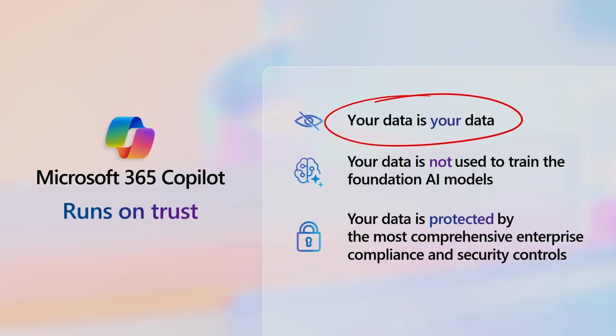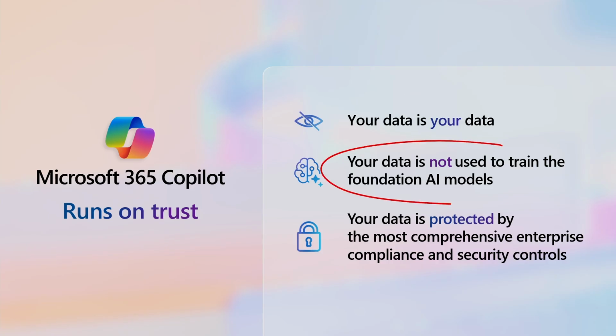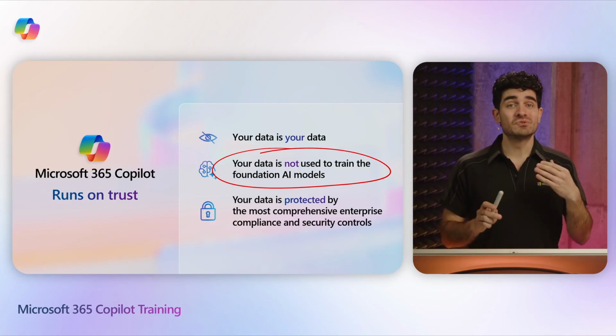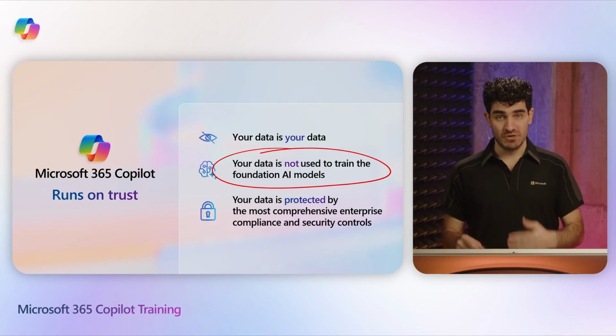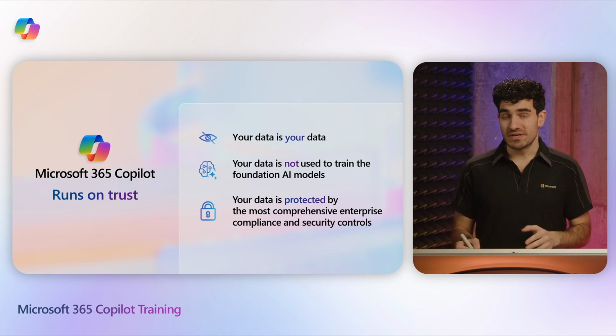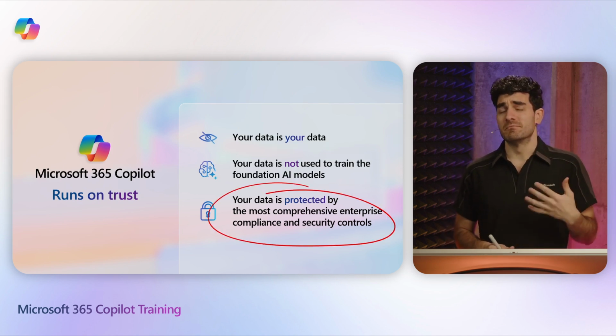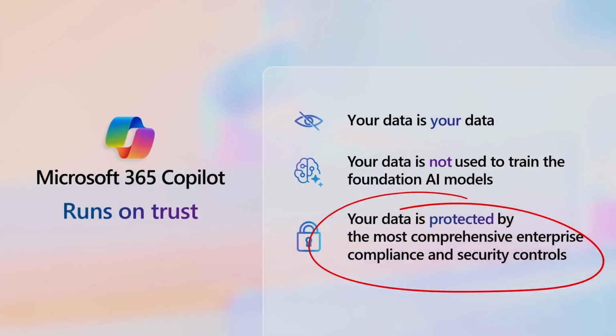Microsoft and our partners cannot view your interactions, and your data is not used to train the AI models. The AI models are already highly trained, and your data is used solely for your organization's purposes. The security of this language model is backed by Microsoft's comprehensive compliance and security protocols, providing the same level of protection that organizations have relied on with Microsoft 365 for years.